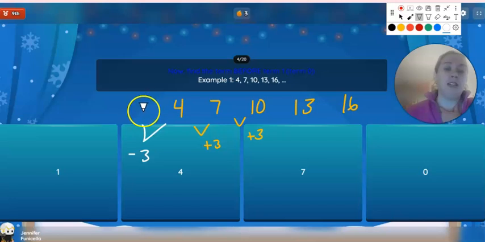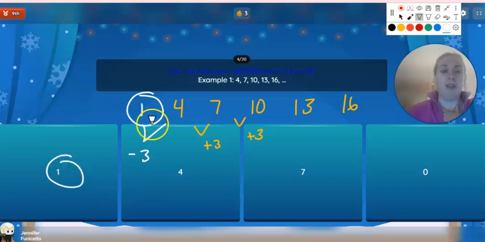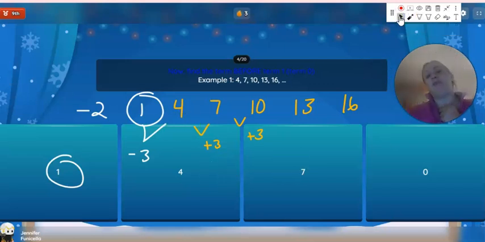So 4 minus 3 is 1. So the term before 4 would be a +1. If we went back again, it would be a -2, and then -5, right? So if we're adding in our typical direction to get the terms before, we want to do that opposite operation.